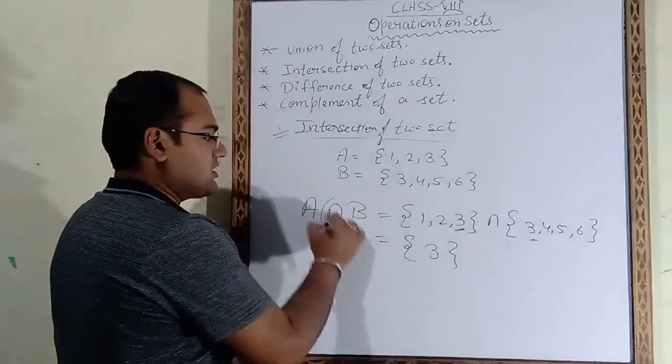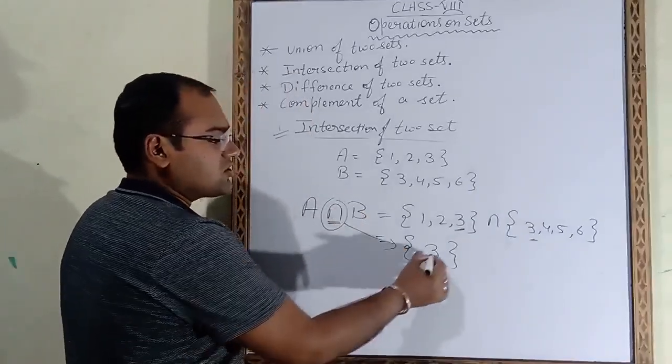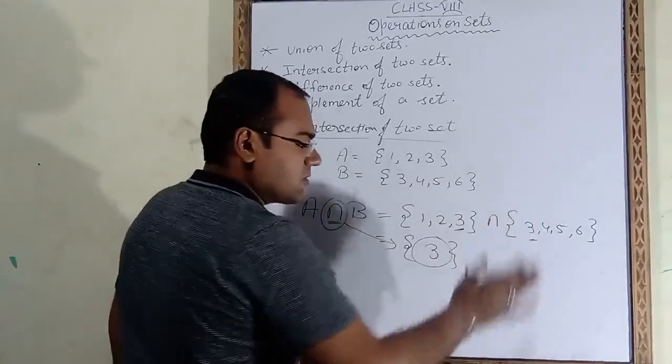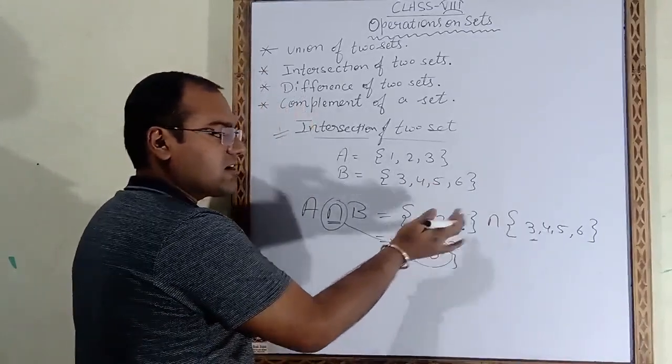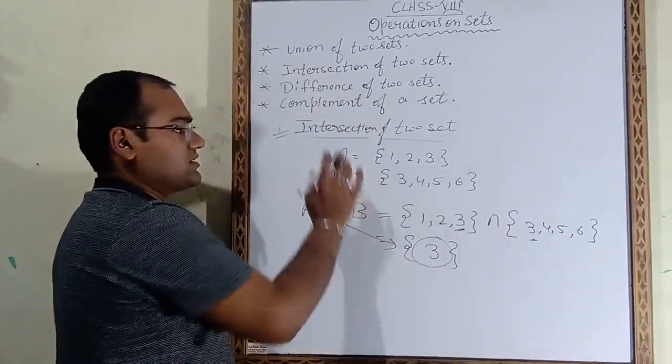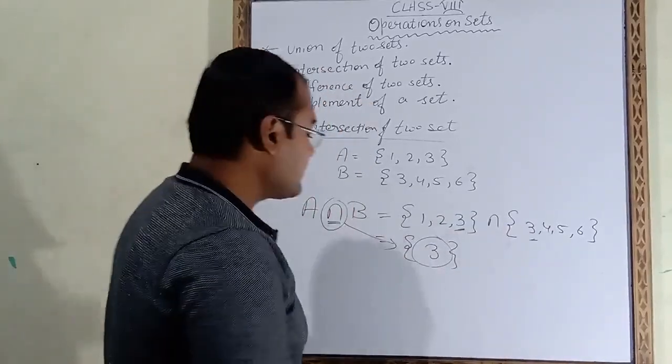So intersection is that set in which all the elements belong to both A and B. 3 belongs to set A and 3 belongs to set B also. So this is the definition of intersection.